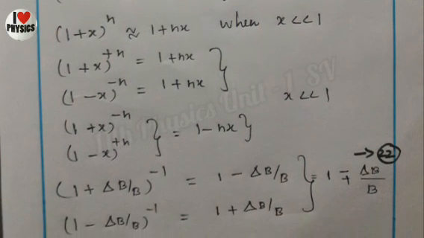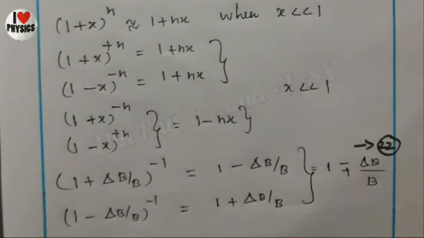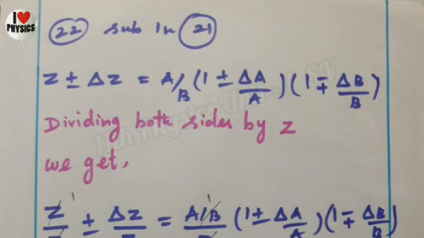So therefore 1 plus del B divided by B power of minus 1 uses the 1 minus nx formula, so 1 minus del B divided by B. Then the next term, 1 minus del B divided by B power of minus 1, uses the 1 plus nx formula. So we get 1 plus del B divided by B. Then combining these two values, 1 minus or plus del B divided by B. This is equation number 22.